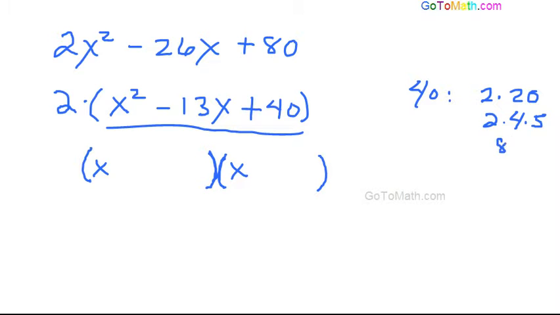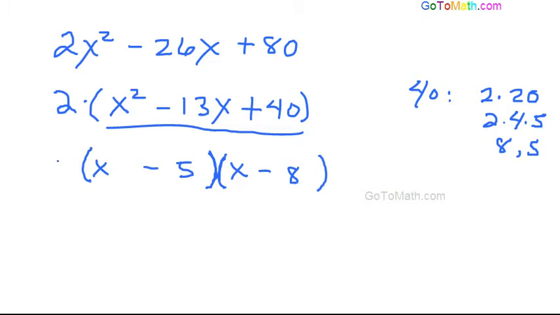And you can keep going like this. However, let's look at 8 and 5. 8 and 5 is 13, yeah. Minus 5 minus 8. Okay, so we have negative 5 times negative 8 is positive 40. And then when we add them together, we get a negative 13.